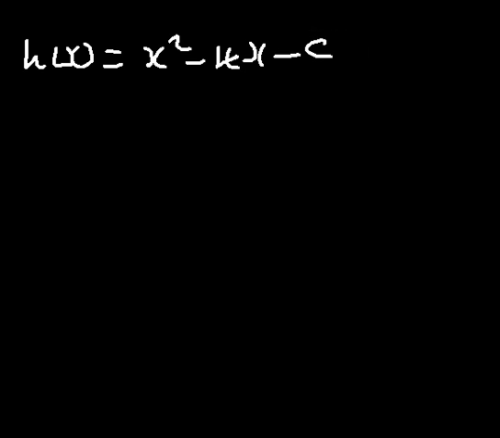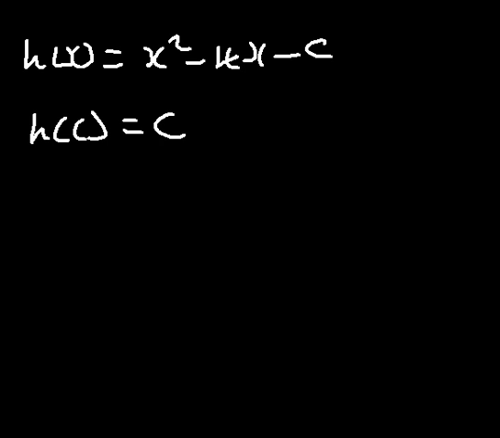It can be a value or values of c, when h of c is given as c. So how should we find the non-zero values of c when we have a function h of x equal to that, and given that h of c is given as c?